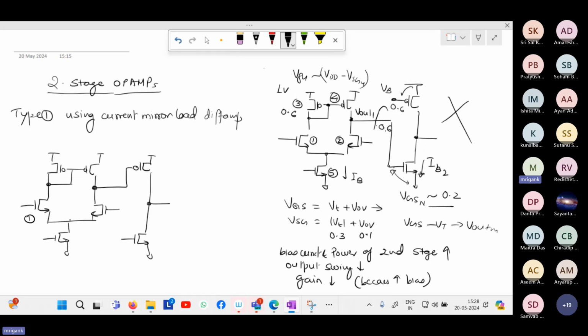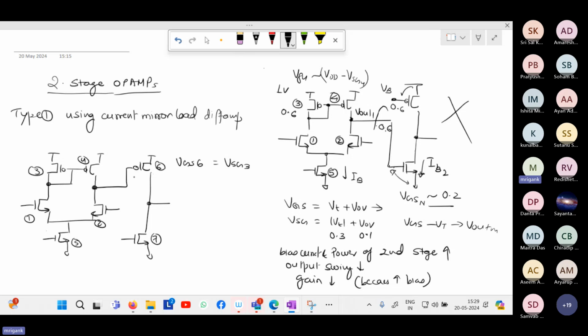If I again call it 1, 2, 3, 4, 5, 6, 7, the VSG of 6 is equal to VSG of 3 and 4. Therefore, if the W by L of M6 is the same as 3 and 4, you will get the same current.